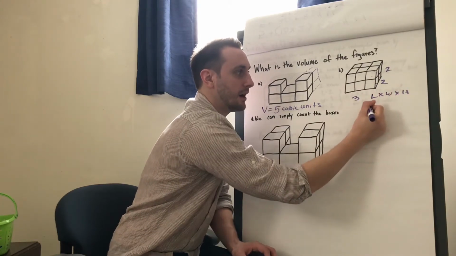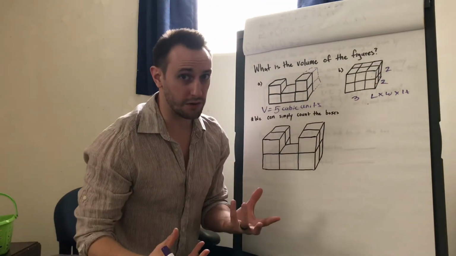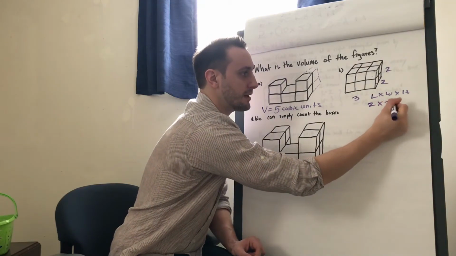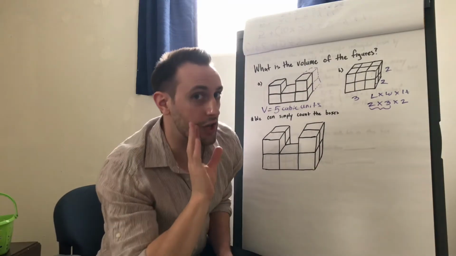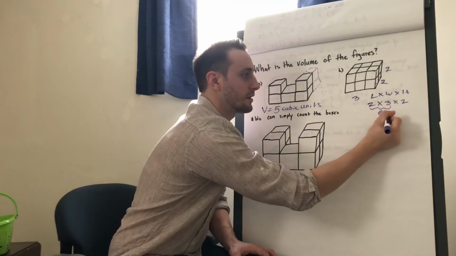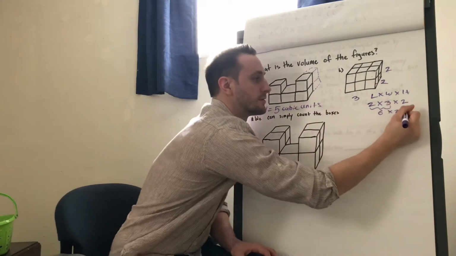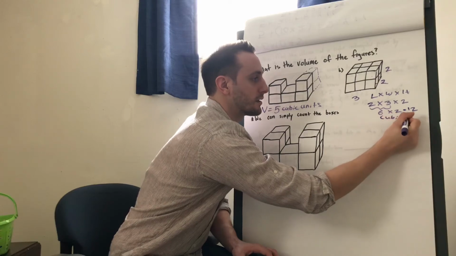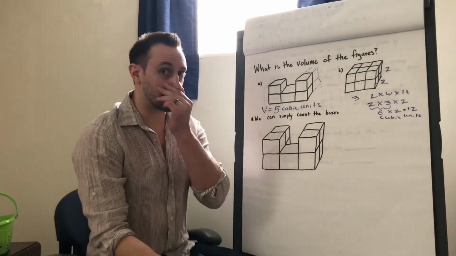This is technically the length, but remember, it doesn't really matter what order you multiply them in. So it's going to be 2 times 3 times 2. 2 times 3 is 6. Times 2 is 12. And you have 12 cubic units.